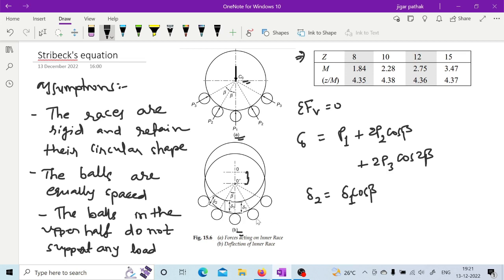If you exaggerate this view, then this will be delta 2, and this may be delta 1, right? So this may be 90 degrees, this may be beta, right? One more we can draw clearly, like this.